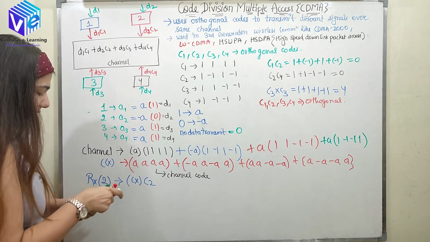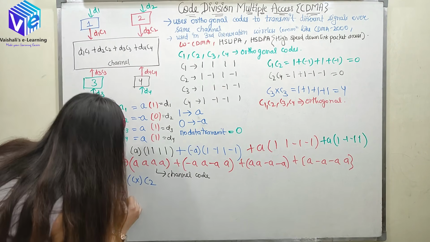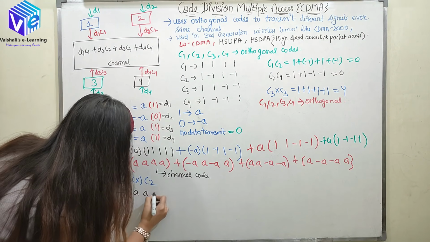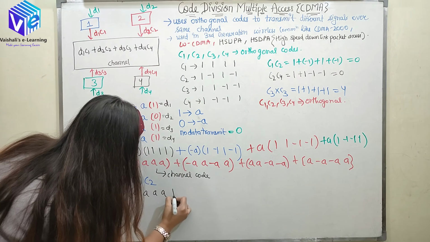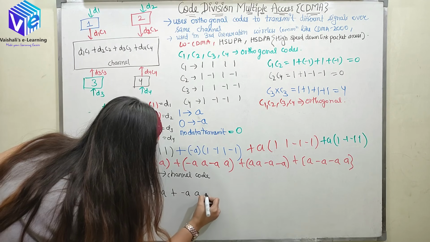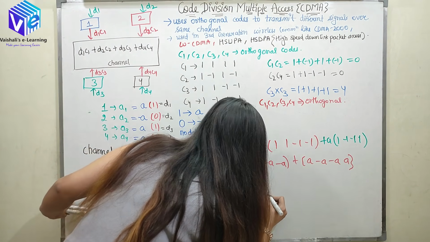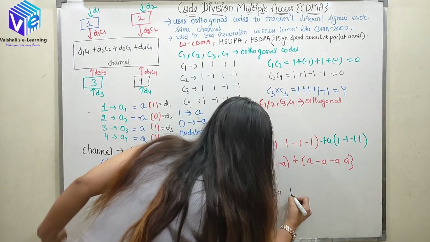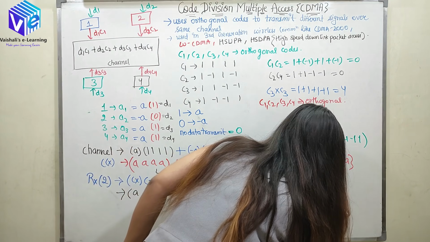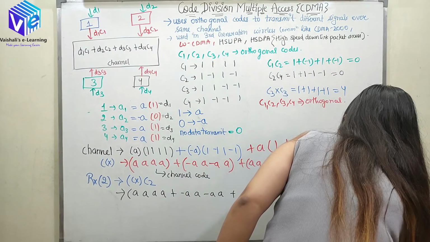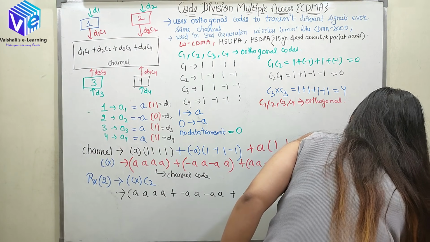So let's verify it also. This is my CX. It is A plus minus A minus A plus A minus A minus A plus A minus A minus A, multiplied with C2, which is 1, minus 1, 1, minus 1.